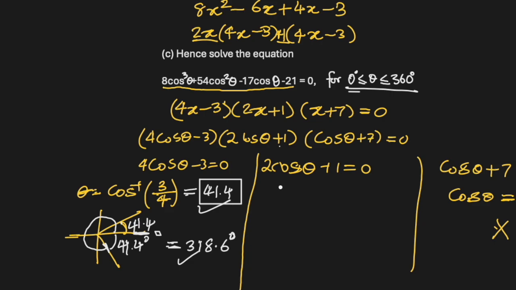Next, this will give us theta is equal to cos inverse minus half, right? And this time it is negative. Negative means the quadrants will be the other two quadrants. In these two quadrants cos is negative, and this acute angle will be cos inverse positive half, which is pi by 3 or 60 degrees.